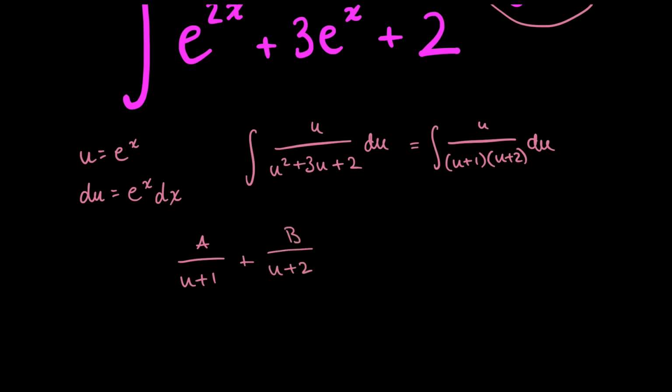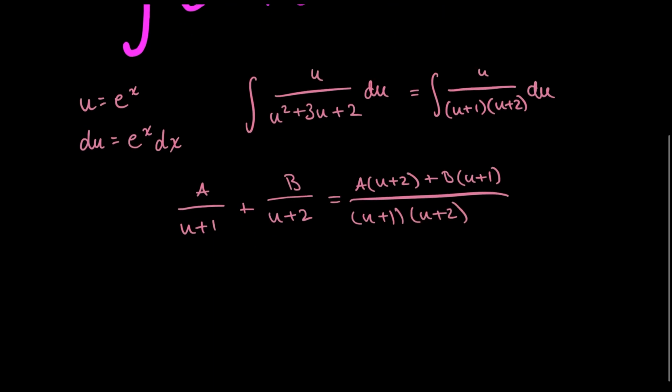And to find these two constants, a and b, I'm going to start by doing a cross multiplication so that I have this in one condensed fraction. So I'll have a times u plus 2 plus b times u plus 1 all over u plus 1 times u plus 2.